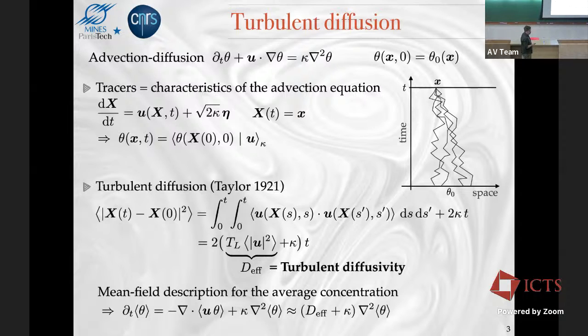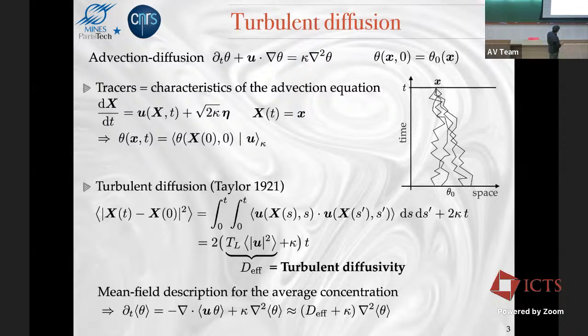My question is, if I want to solve that initial value problem with a given u, what is the strategy? So u is given. I want to know the solution at position x at time t. Then I construct all the backward trajectories which are ending up at time t at the position x, which are solving this equation. So I go backward in time and I stop at time 0.